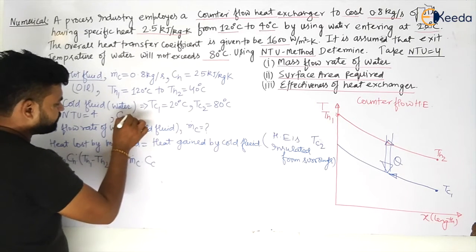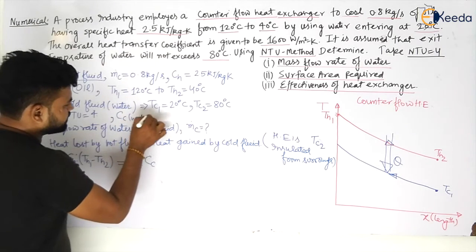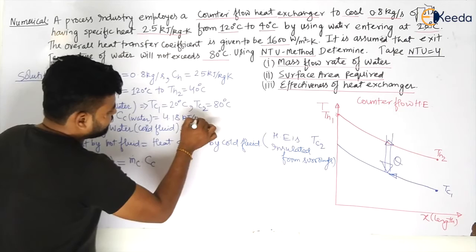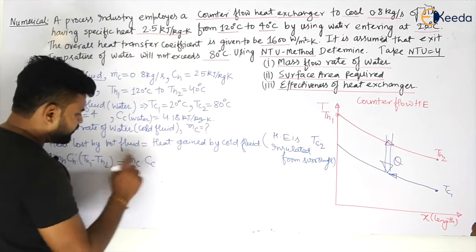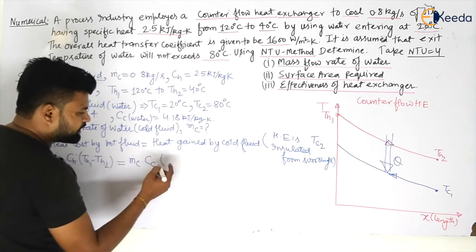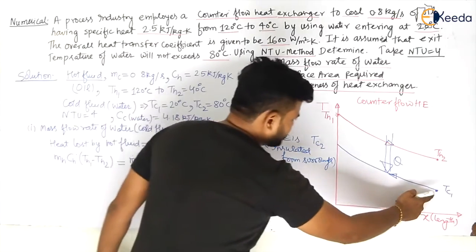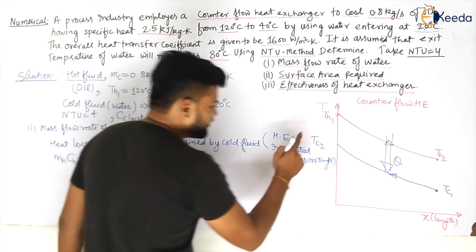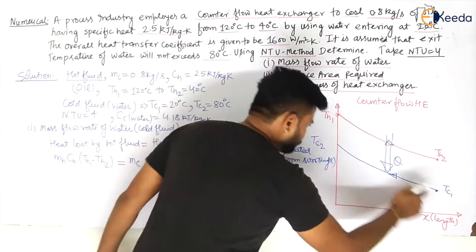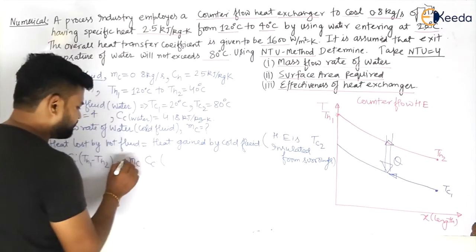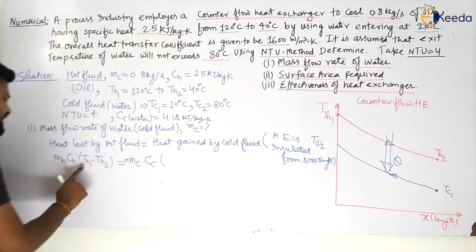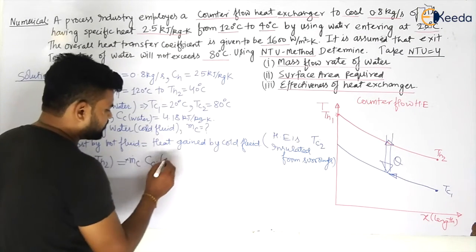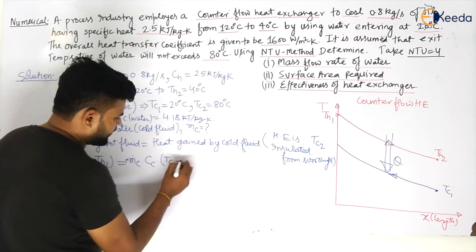For water, that is 4.18 kilojoule per kg Kelvin. So Cc multiplied by Tc2 minus Tc1. I am not taking the minus sign. I am telling you again, don't make this mistake. I am considering Tc2 minus Tc1, higher minus lower, so that will be positive. And I am again taking Th1 minus Th2, that will be positive, my dear students.